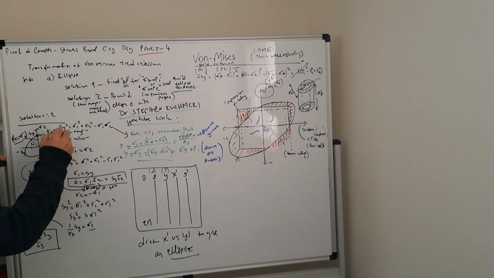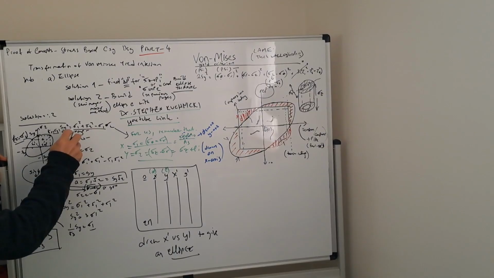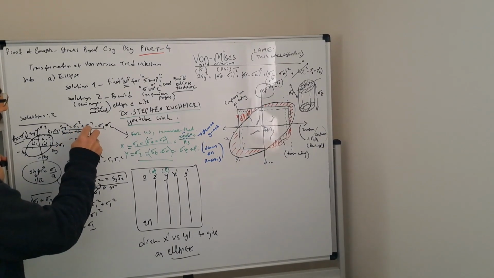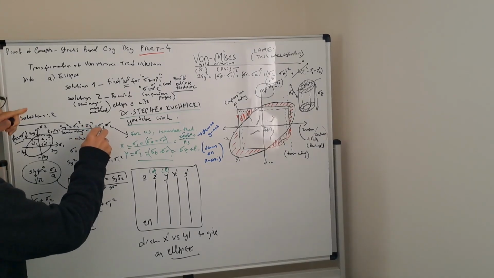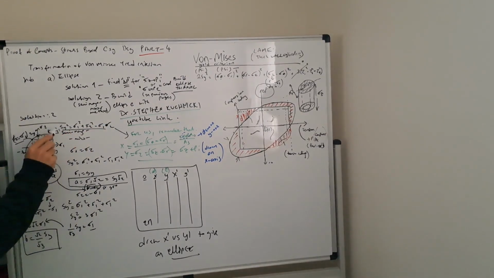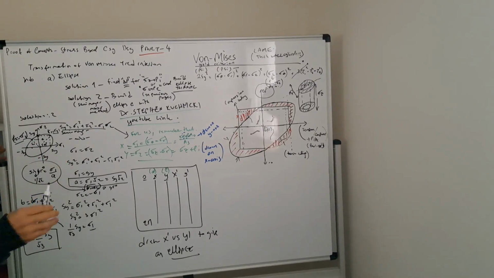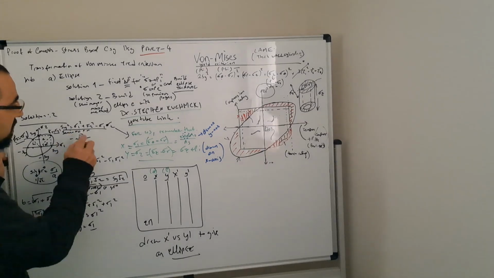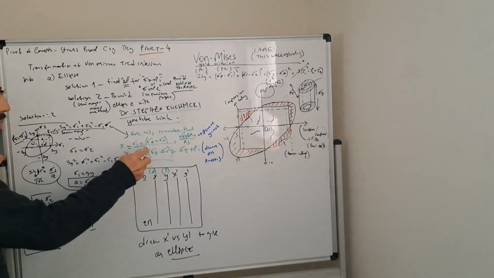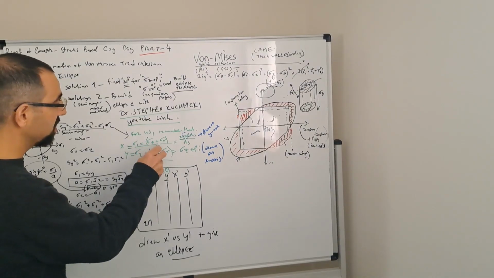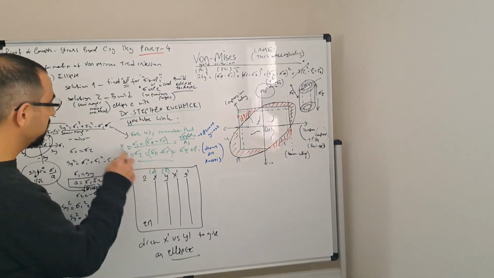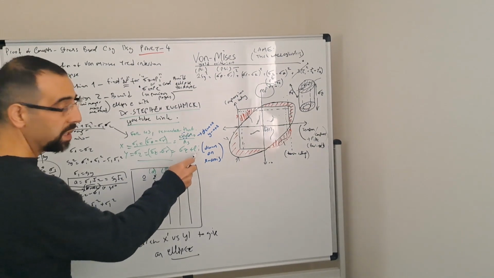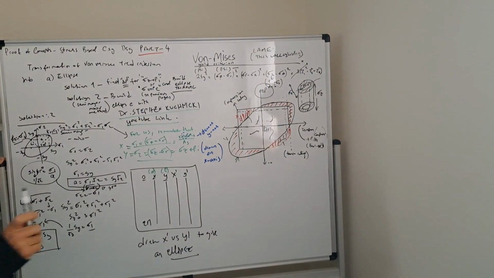In a general formula, for example, principal stress 1 squared plus principal stress 2 squared minus principal stress 1 times principal stress 2 is equal to some value squared, which in our context is the yield strength squared, right? We derived, if you remember, that the principal stress 1 is tangential minus radial stress, and the principal stress 2 is axial minus radial, or axial plus P, because we evaluated at the inner wall.